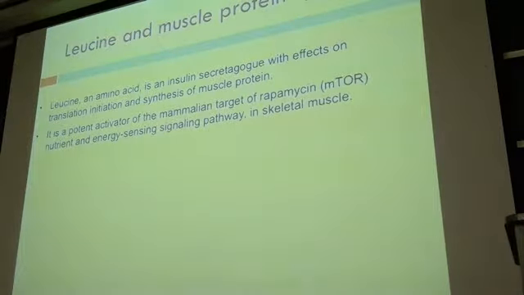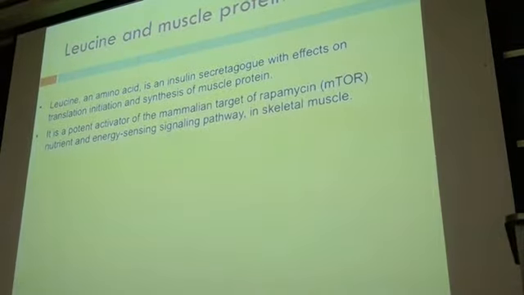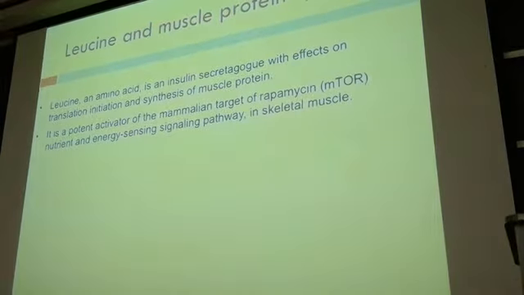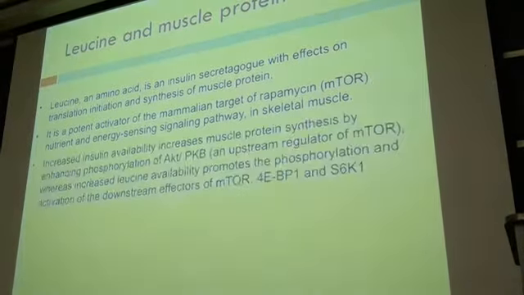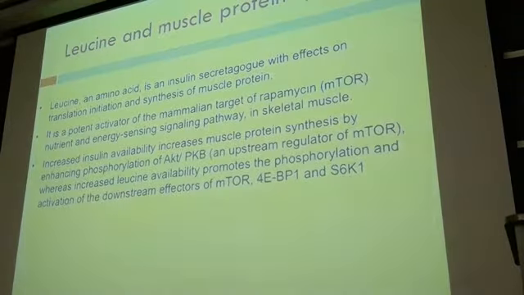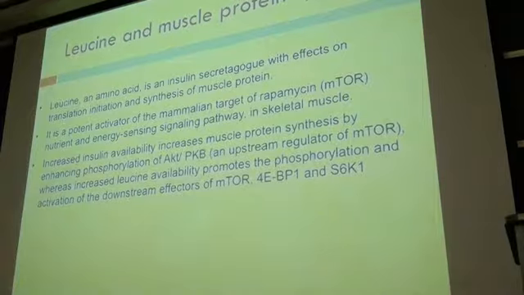How does it work? It activates mTOR, which is so prevalent in all nutrition-related conditions. It's a nutrient sensor. It's also an energy-sensing signaling pathway. And so it activates that in a positive way. Increased insulin availability through the secretory effects of leucine.